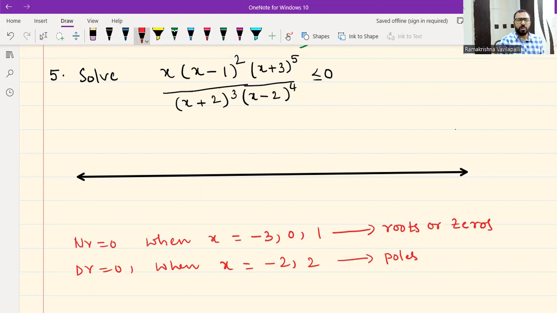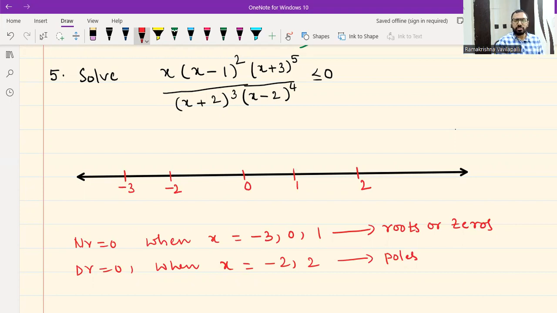Now you have to plot all these numbers on this line. So come here. This is minus 3 and minus 2. Well, this is 0, 1 and 2. So here the coefficient of x in each factor is positive. If it is negative, you multiply by a negative sign in order to avoid confusion.